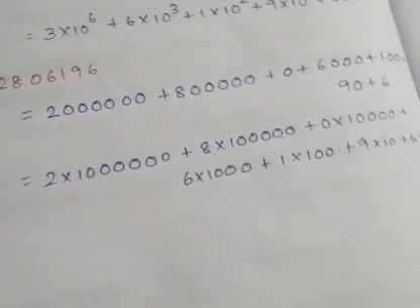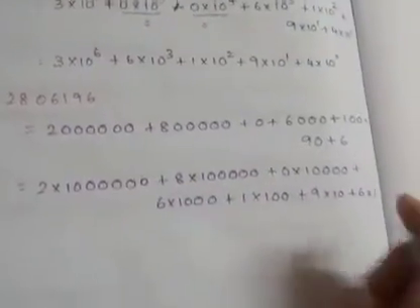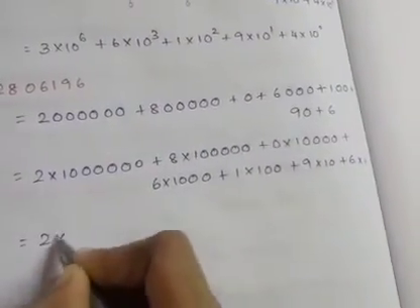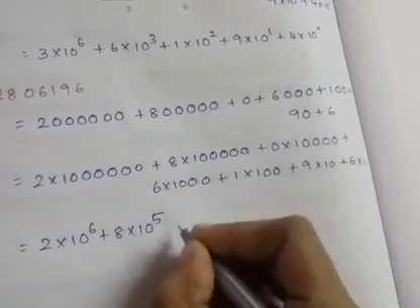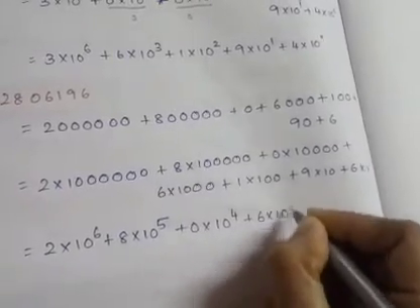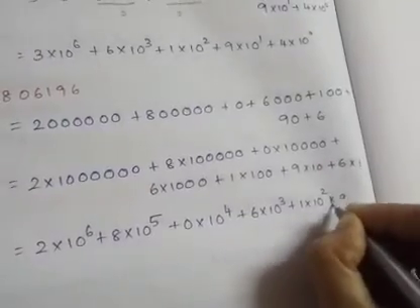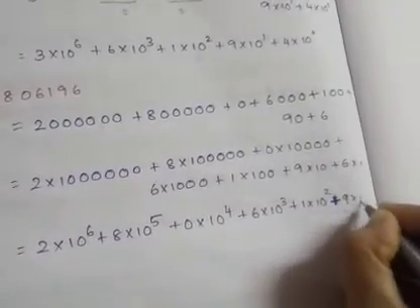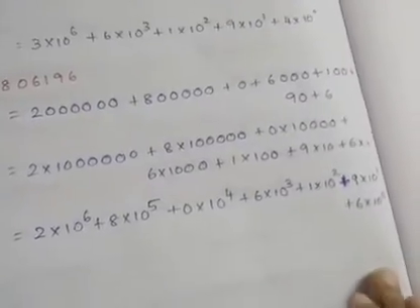Now as usual, like expanded. See, don't stop till this. You should write it in terms of exponents only, then it is correct. 2 into 10 power 6 plus 8 into 10 power 5 plus 0 into 10 power 4 plus 6 into 10 power 3 plus 1 into 10 square plus 9 into 10 power 1 plus 6 into 10 power 0.